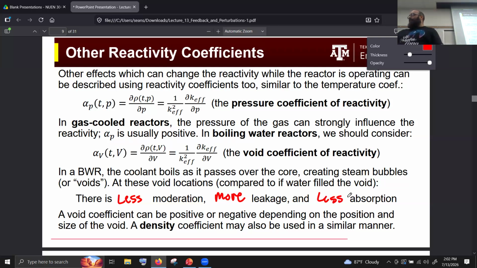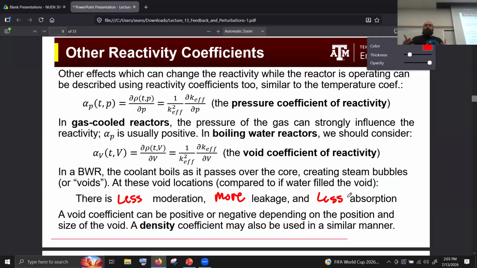And if you have less absorption, that means that when you had water there previously and now it's steam, less absorption could mean that an increase in temperature is going to cause more voids to form.